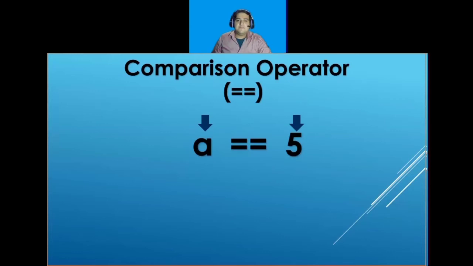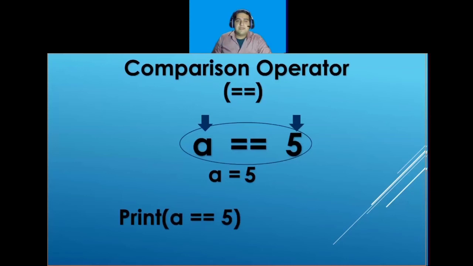So for example, let's say the value of a is 5. So if I write this statement inside the brackets of print function, I will write print in brackets a is equal to 5. So this print function will compare the value of a with 5. So the output will be true.